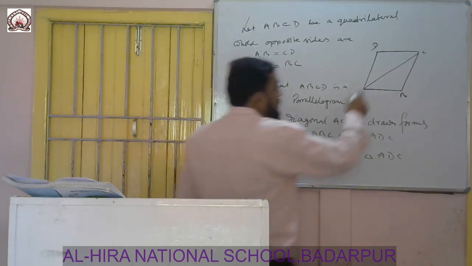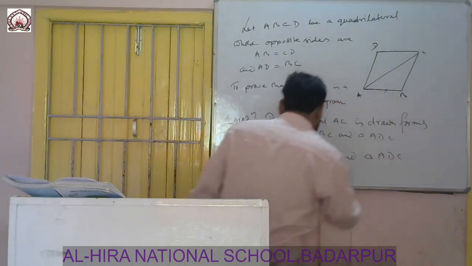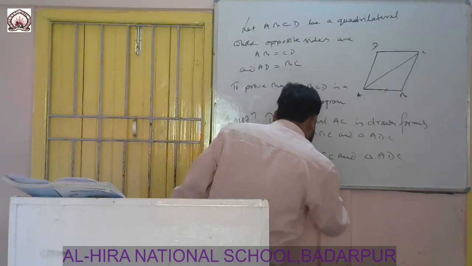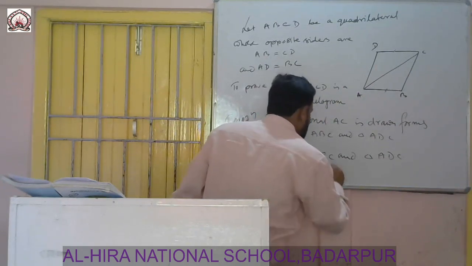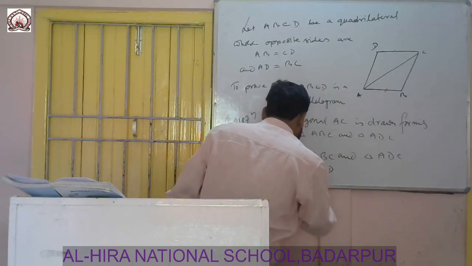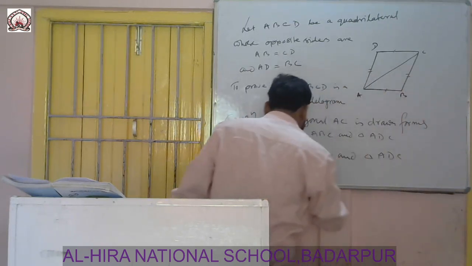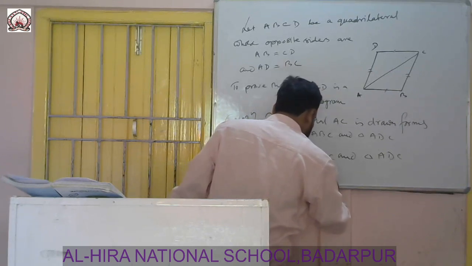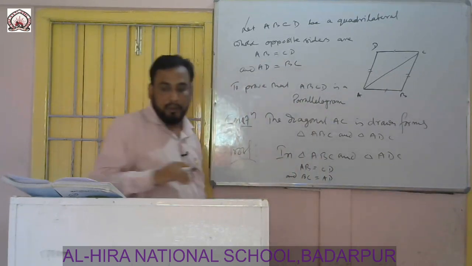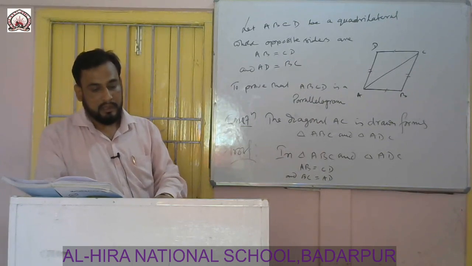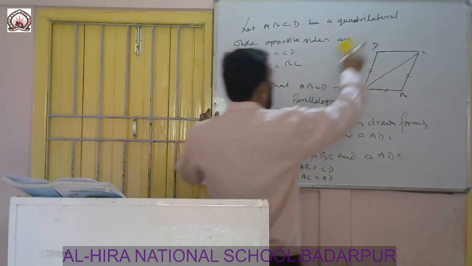Opposite sides are equal, so we can say that these two sides are equal. AB is equal to CD and BC is equal to AD.